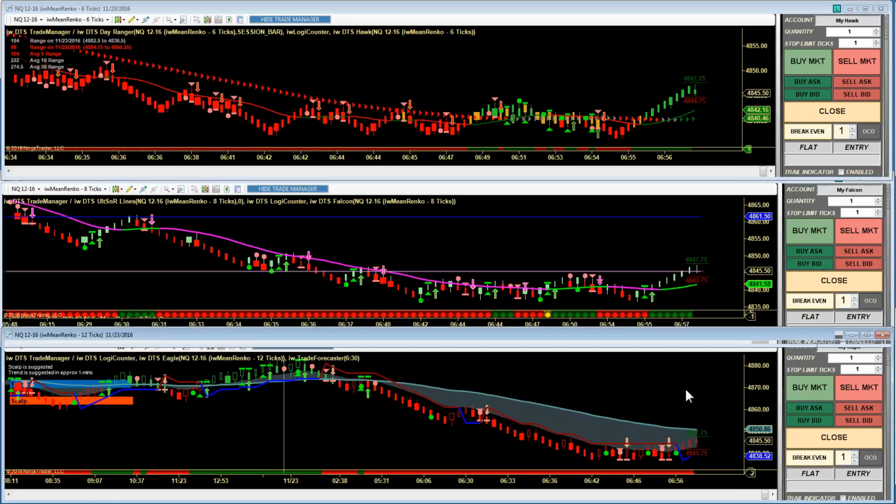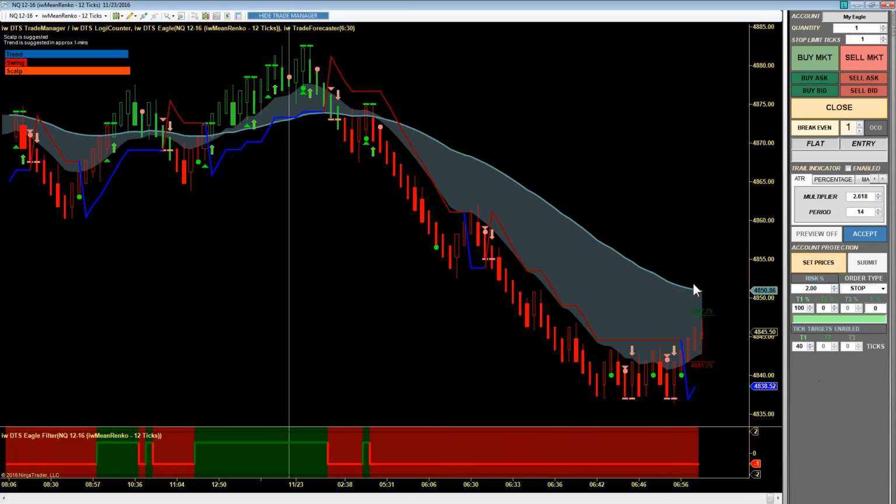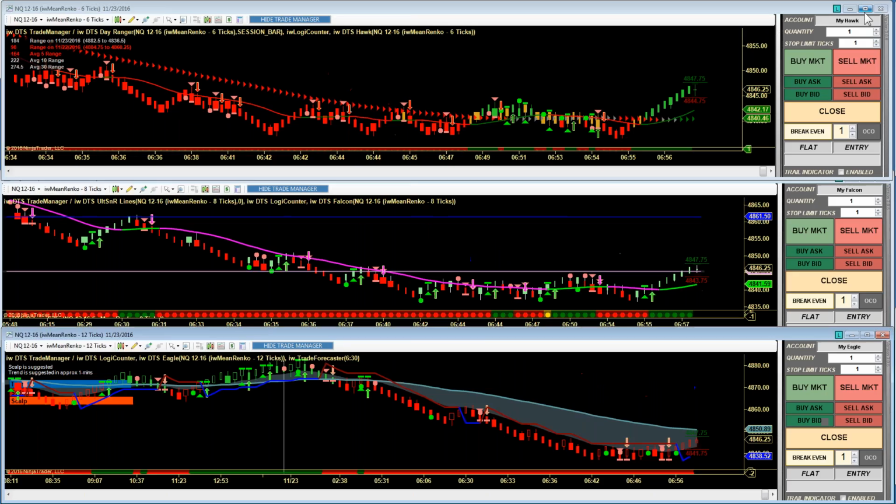Okay, now the eagle is almost back to the hard edge. Whenever the market encounters the hard edge on the eagle, we always anticipate some sort of reaction. So I'm not going to get too cocky here on the buy side because it looks as though the trend itself is still down. But it should give me an opportunity to demo a trade here for you.